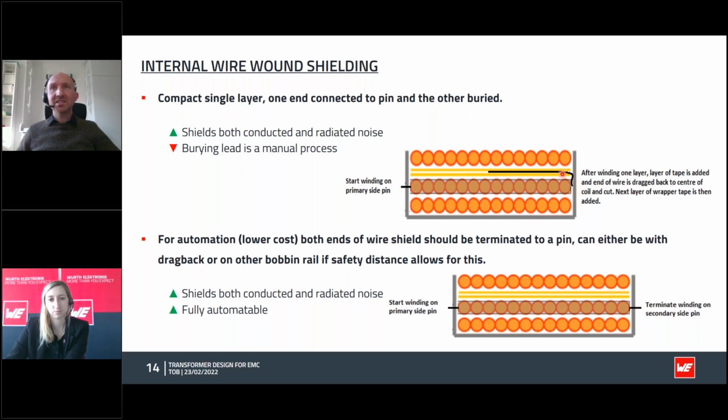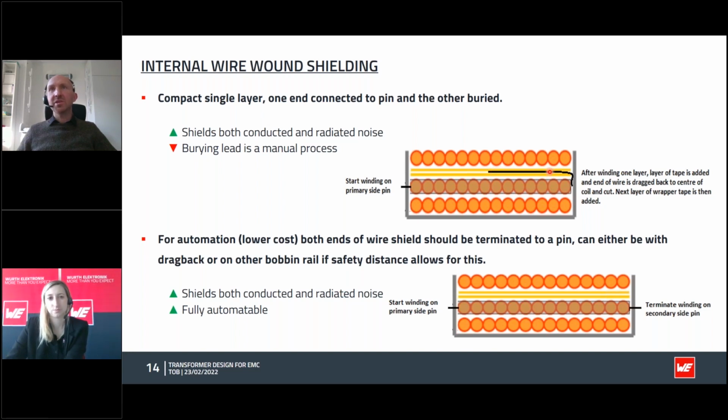In this case, we leave it floating by simply burying the end of the wire here. The other option is to terminate to a pin, but that pin cannot be connected anywhere in the circuit, because otherwise it won't be floating. So if we have no pins to attach it to, we would leave it buried in the center of the core.